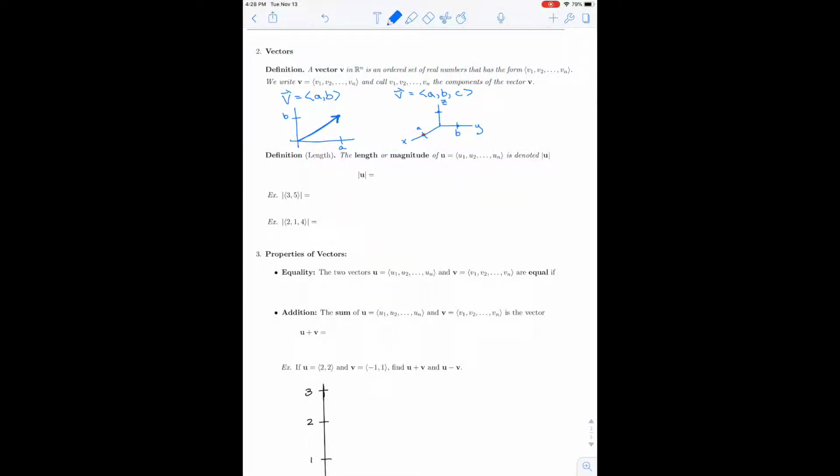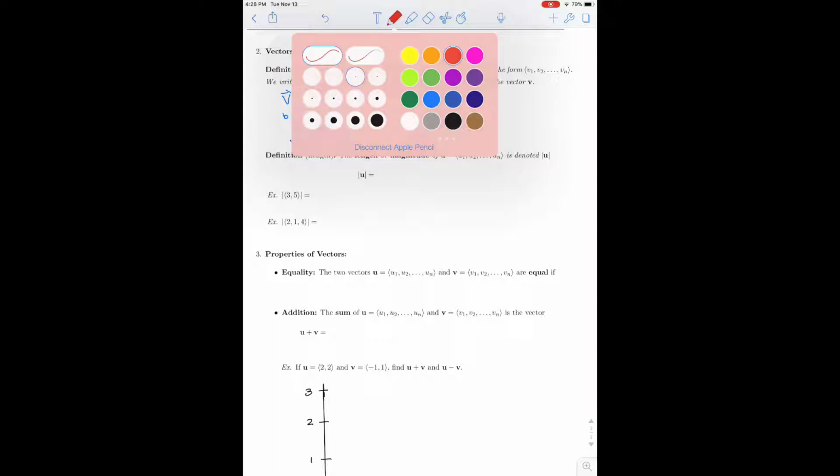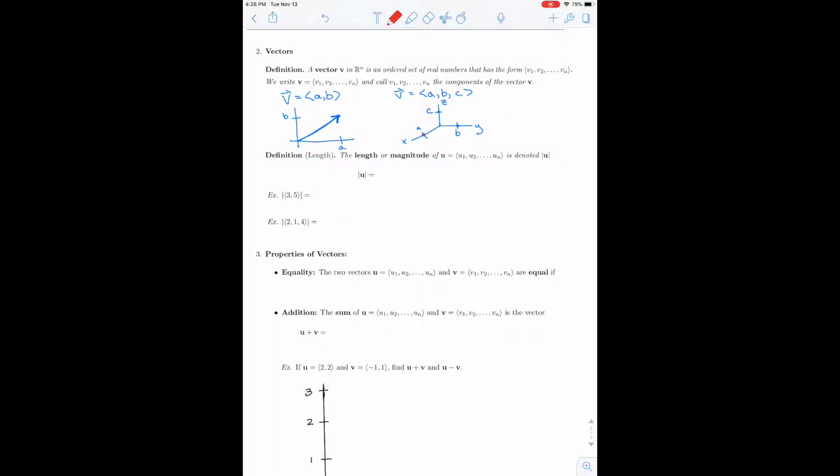B is the distance in the y direction, and C is the distance in the z direction. So now if we want to represent that vector, we move in the x direction a distance A, then move across a distance B in the y direction, and then up a distance C in the z direction. Then this small arrow would point to the point (a, b, c), and that would be the vector in 3 dimensions.